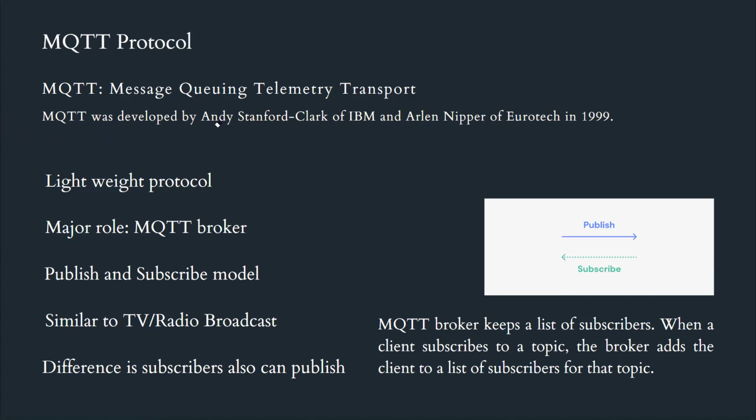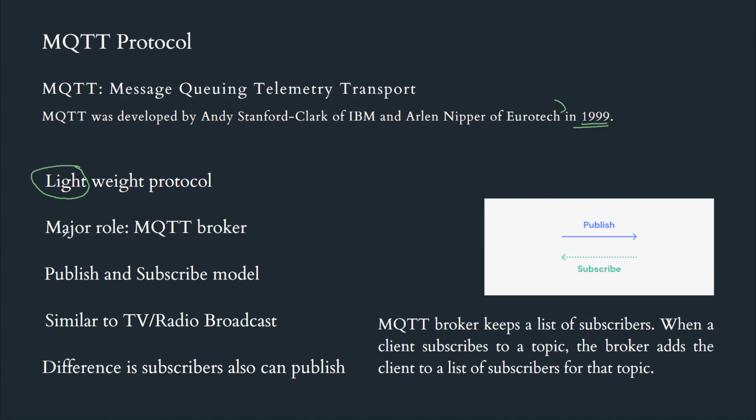MQTT was first developed by Andy Stanford-Clark of IBM and Alan Nipper of Eurotech in 1999. It was first proposed in 1999, and the main feature is that it's a lightweight protocol. We will discuss the MQTT protocol using some figures as well.